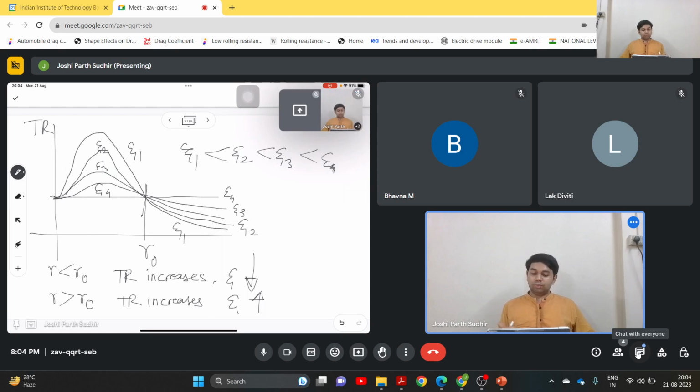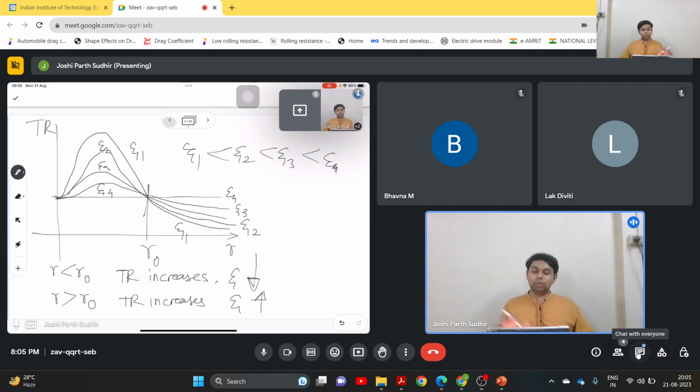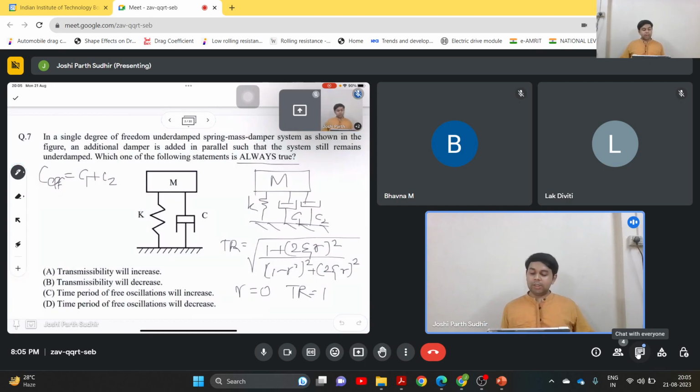Throughout the frequency ratio curve, in some cases the transmissibility ratio will increase with increase in damping, or it will decrease with increase in damping. So statements A and B are not always true.